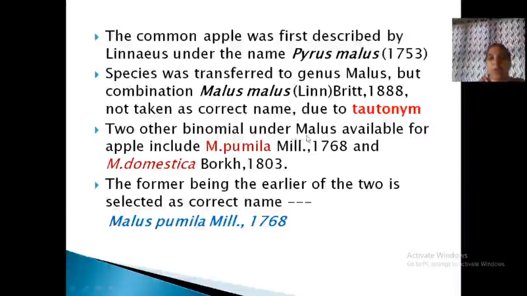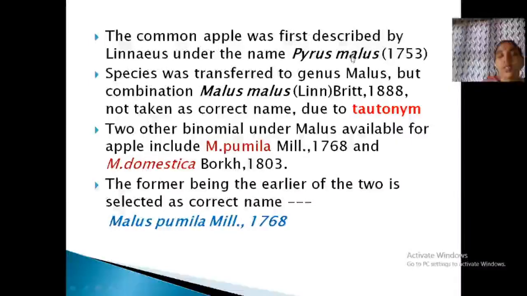Two other binomials under Malus are available for apple: Malus pumila and Malus domestica. One is 1768, one is 1803. The former is the earlier one, so that is selected as Malus pumila 1768. That one is retained here.